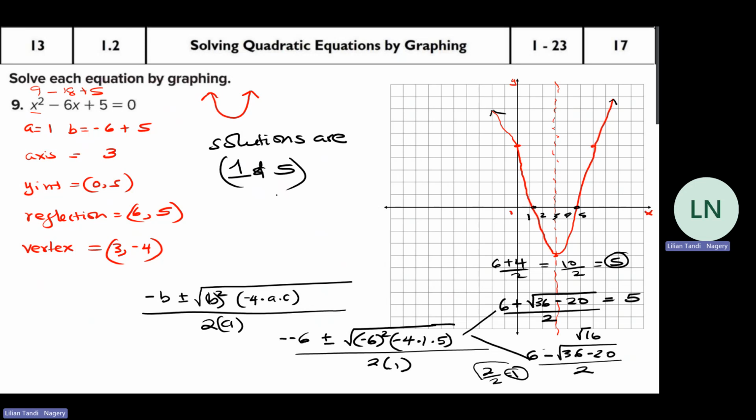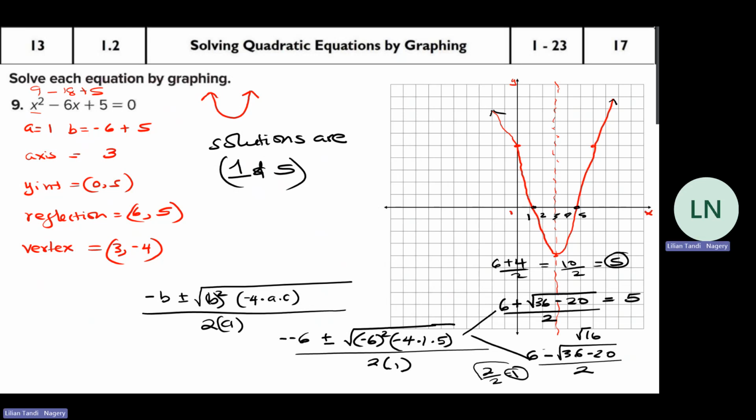So either you do quadratic formula or you do jadwal. Do not assume. Do jadwal so you plot your points correctly. Jadwal or quadratic formula. Otherwise, you're bound to make silly mistakes.